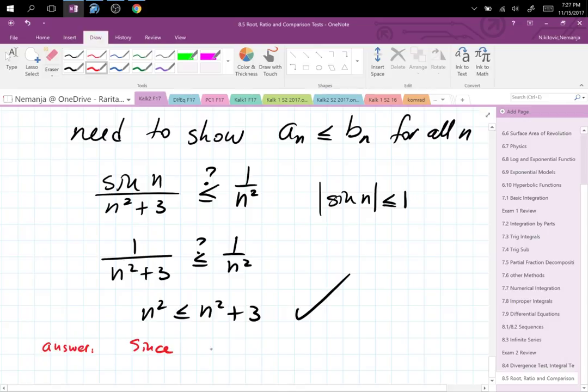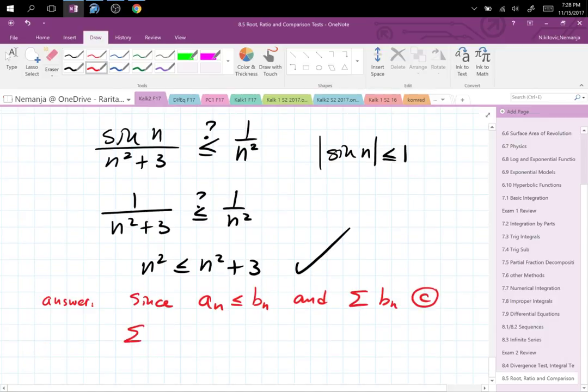Answer. Since an is less than bn and the summation of bn converges, the series from 1 to infinity of sine n over n squared plus 3 converges by direct comparison.